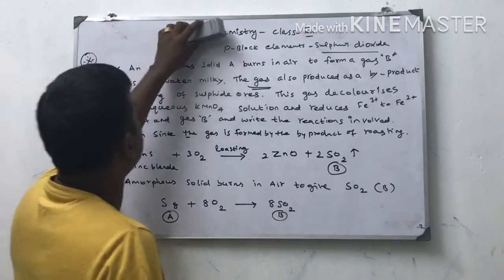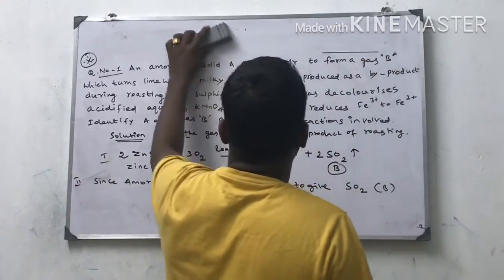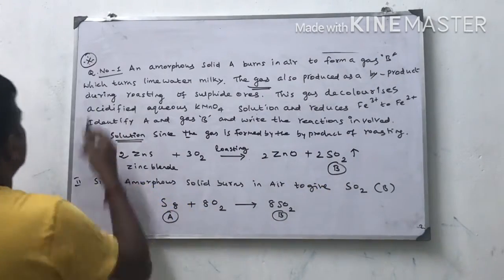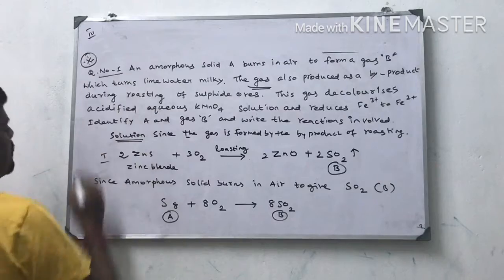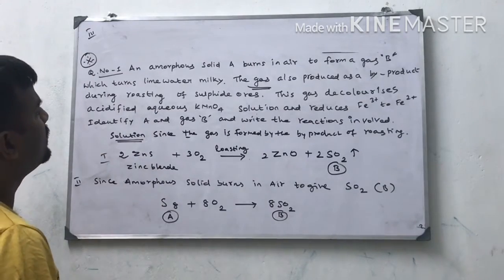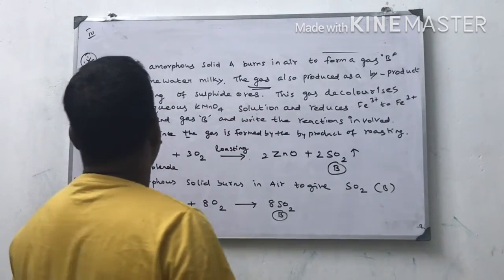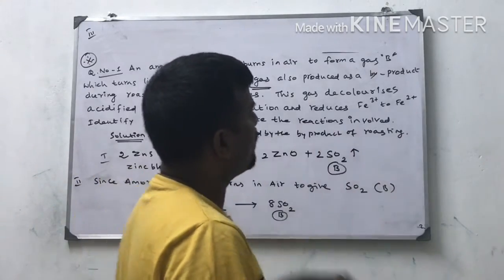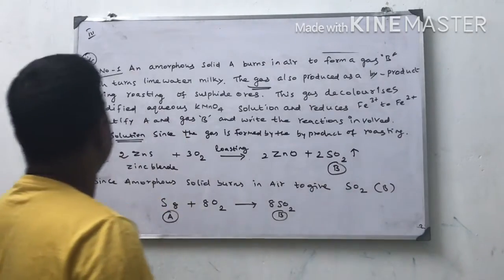Next, the third one. The third point is that this gas decolorizes acidified aqueous potassium permanganate solution and reduces Fe3+ to Fe2+ ions.